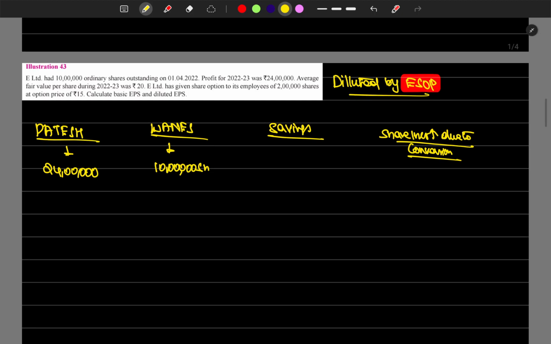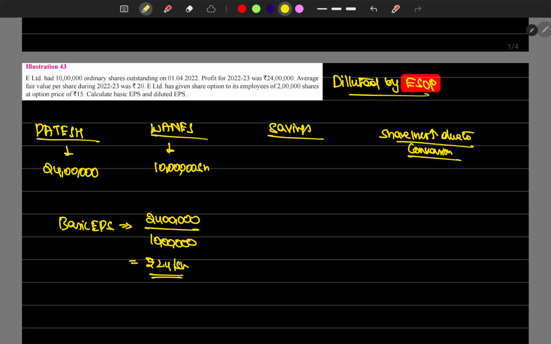These two need a different kind of approach for this ESOP. First, we will finish off the basic EPS. Basic EPS is 24 lakh divided by the denominator, which is 10 lakh. 2.4 per share is the basic EPS.